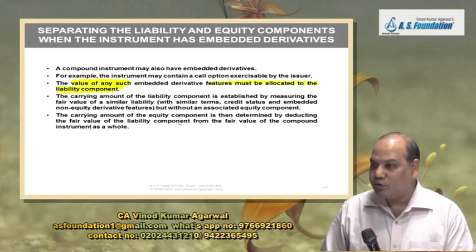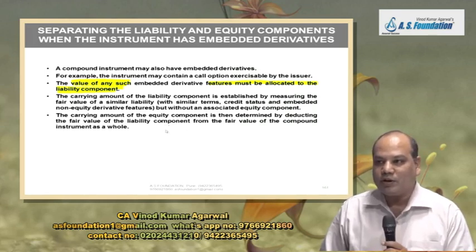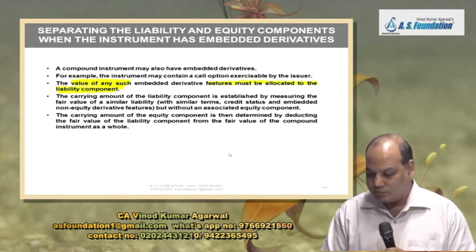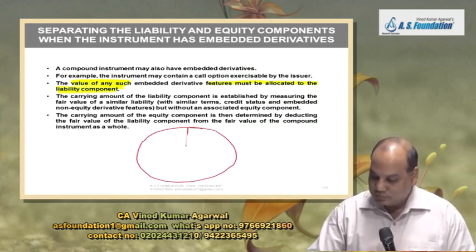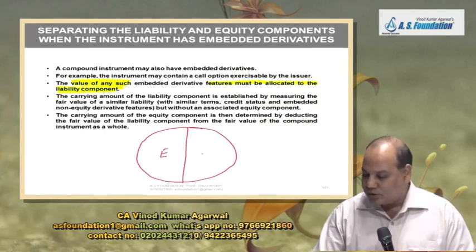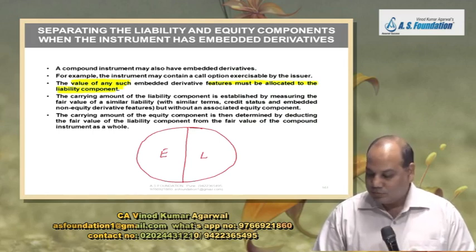The carrying value of the equity component is then determined by deducting the fair value of the liability component from the fair value of the compound instrument as a whole. Now this is the compound instrument. It has equity, it has liability. That is compound instrument.